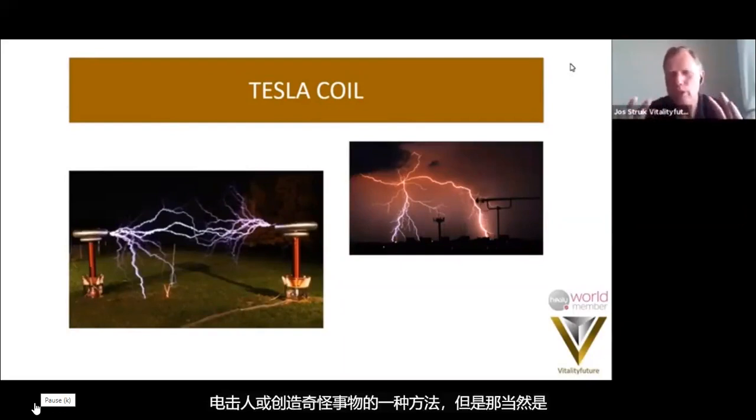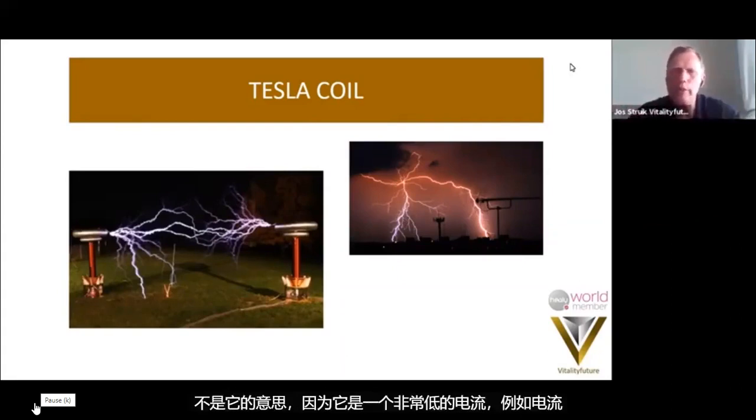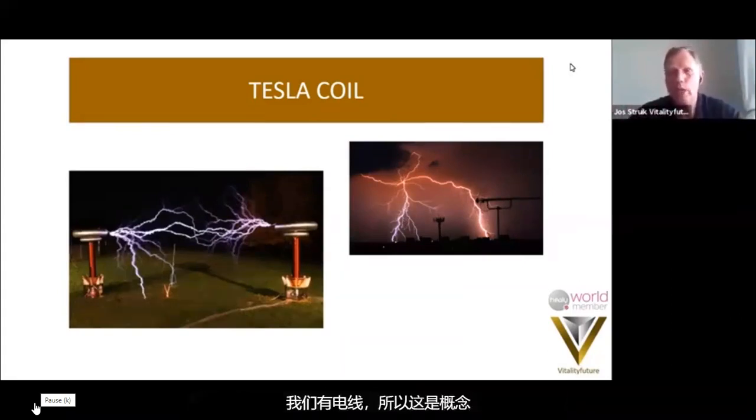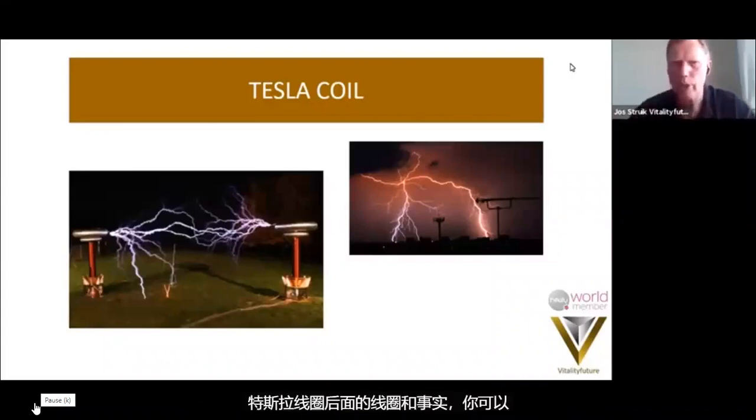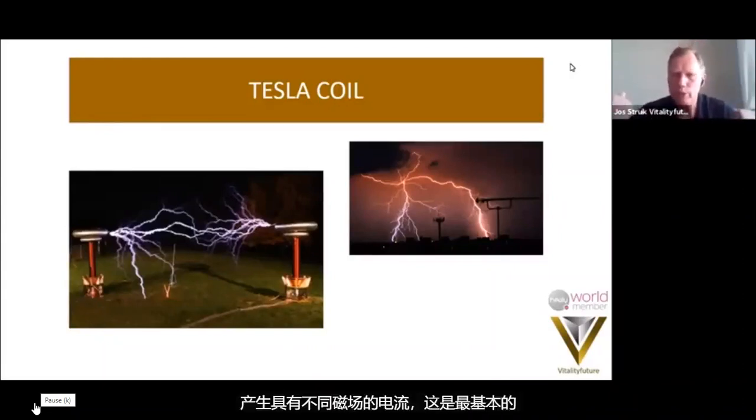But that's not what it is about, because it's a very low level current, like the current we have in our wires. So this is the concept behind the Tesla coil, and the fact that you can create a current with different magnetic fields. That's the basic idea.